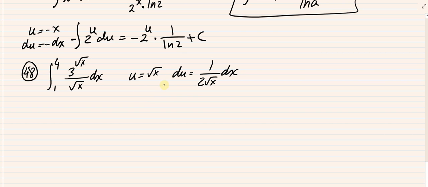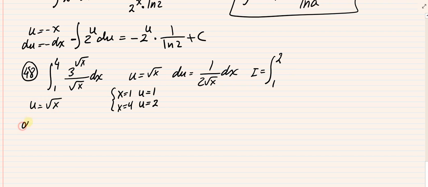Okay, and let's see the limits of integration. When x is 1, u, the square root of 1, is 1. When x is 4, u is the square root of 4, or 2. So the integral is going to be that from 1 to 2 of, let's see, with the choice of u equal root x, du is going to, oh, I have du, never mind.